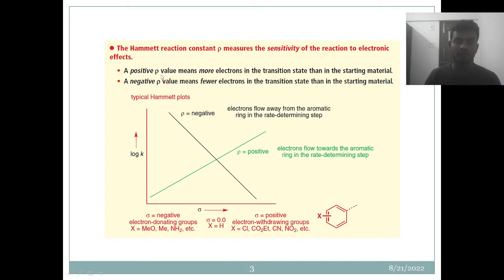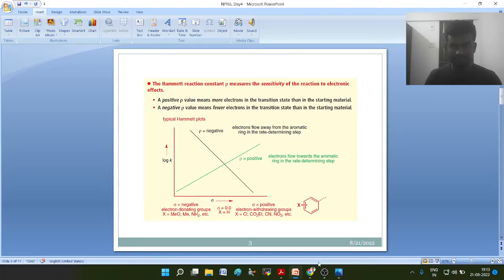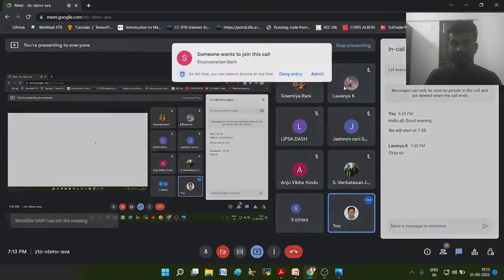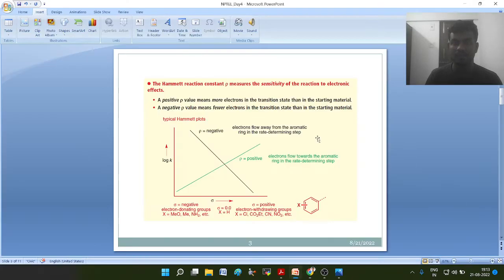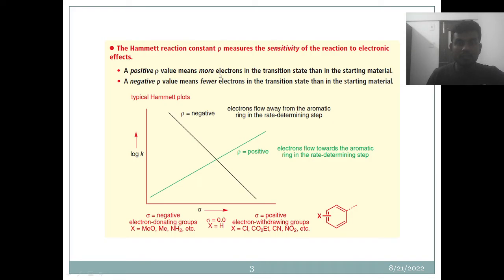A positive rho value means we have a straight line whose slope is positive. So rho is positive, the green color one, with log k by log k0 in the y-axis and sigma on the x-axis. If we get a straight line like this with a positive rho value, what it means is, try to understand this, more electron density in the transition state than in the starting material.